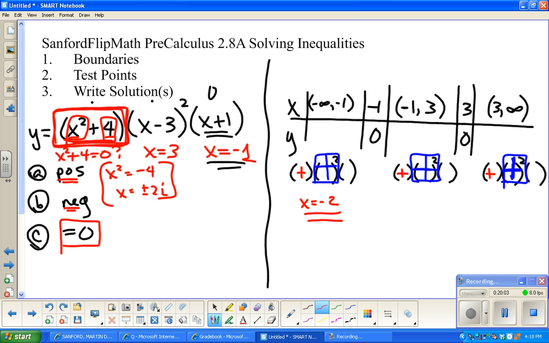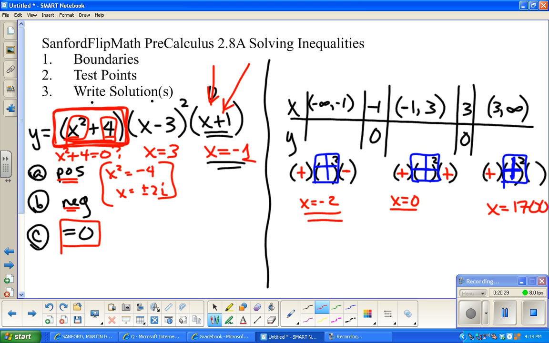So if I take x equals -2, put it in here, -2 plus 1 is negative. Pick a value in between -1 and 3, and I'm really partial to 0, and honestly, the only reason is it's super easy. So 0 plus 1 is going to be 1, that's positive. And then for this last factor, pick something to the right of 3, so maybe 1700.